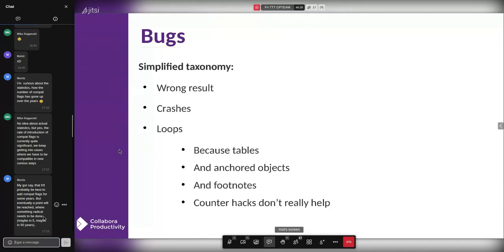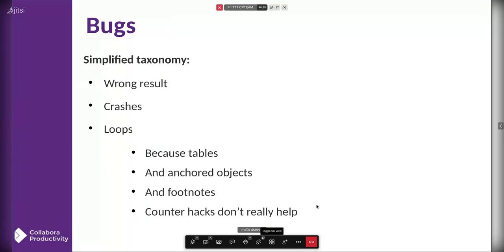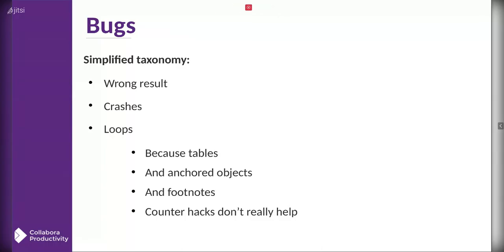So what bugs can you expect in the layout? The most important categories are basically, you see a wrong result. Maybe something is in the wrong position, or something is cut off somewhere, not visible when it should be. It's the wrong size, and so on. Another common kind of problem is that it just crashes somewhere.